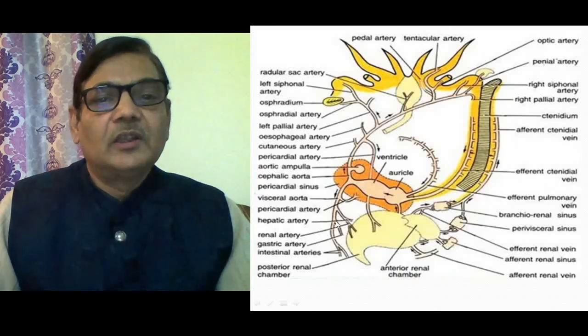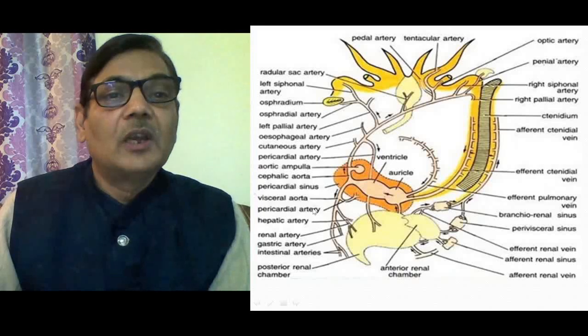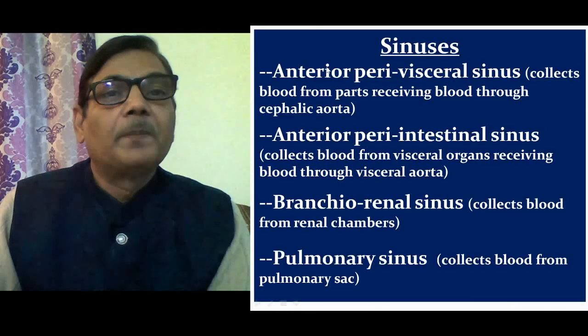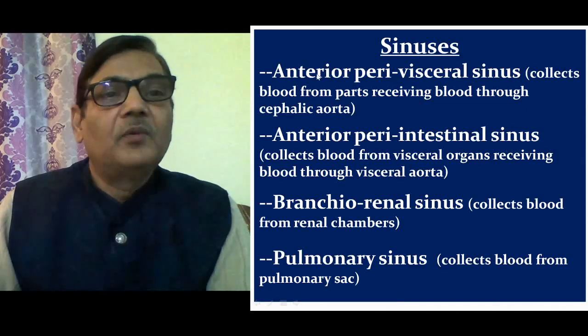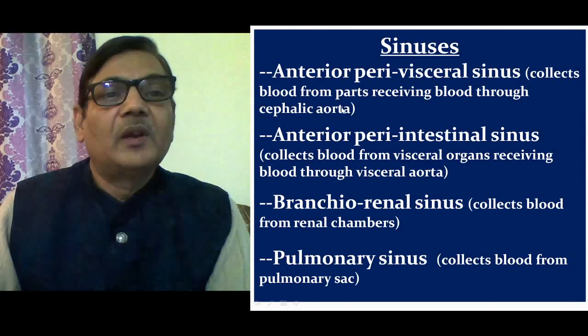As I said, the blood gets collected in certain sinuses. So let us have an idea about such sinuses. In the body there are mainly four major sinuses, because arterioles will supply their blood to the sinuses. One sinus is the anterior perivisceral sinus, which collects blood from parts receiving blood through the cephalic aorta.